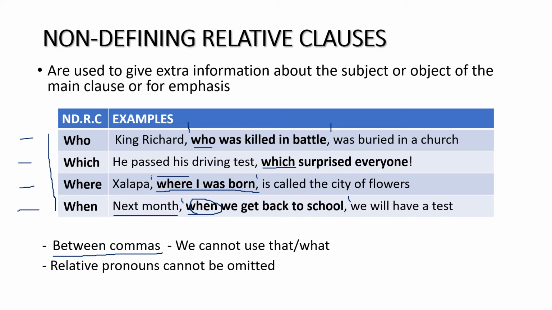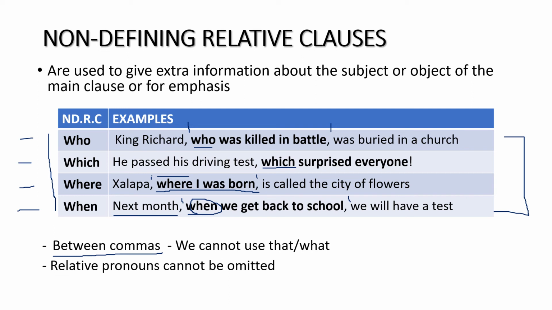Also, in these cases, we cannot use that or what, as in the defining ones. And also here we cannot omit the relative clauses, okay? For example, in the same examples we have here, if we omit the relative clauses, the sentence could sound a bit tricky or weird.